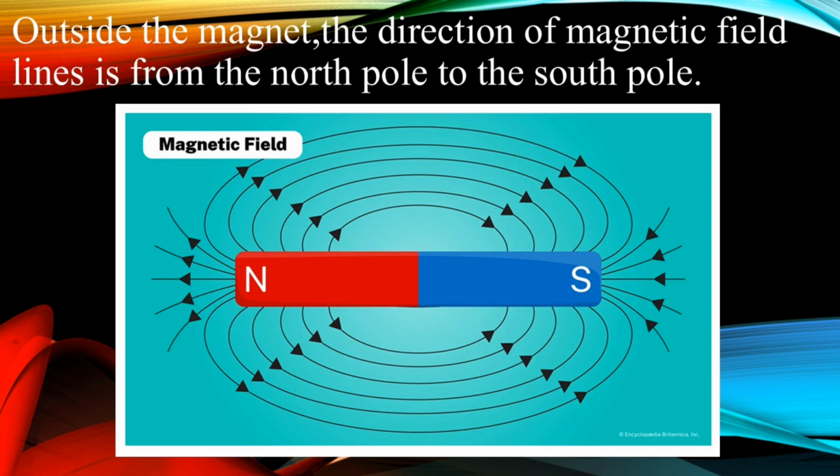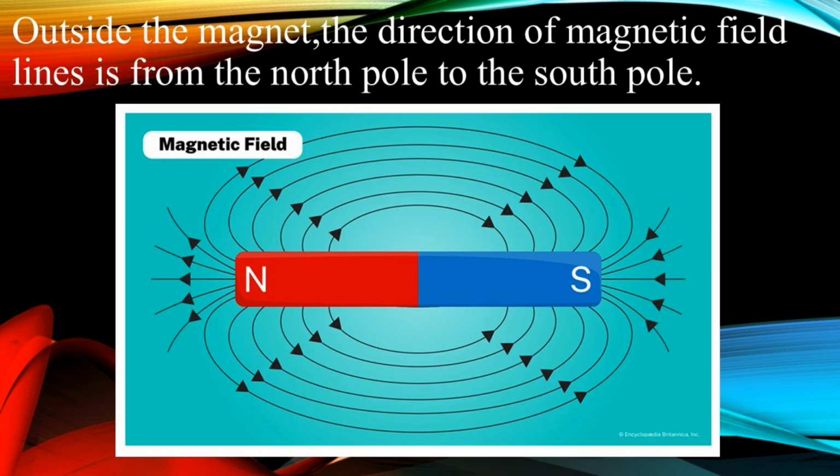In the next slide, you can see a magnet and arrows showing the direction of the magnetic field. It says that outside the magnet, the direction of magnetic field lines is from the north pole to the south pole. So now let's focus on direction.